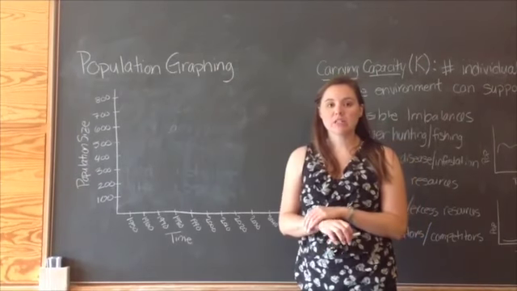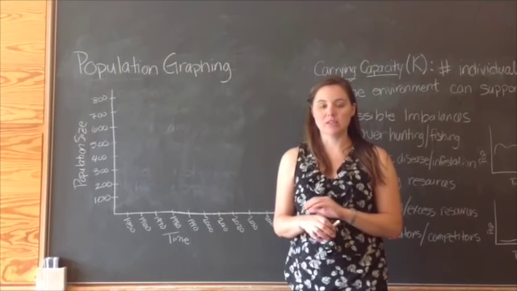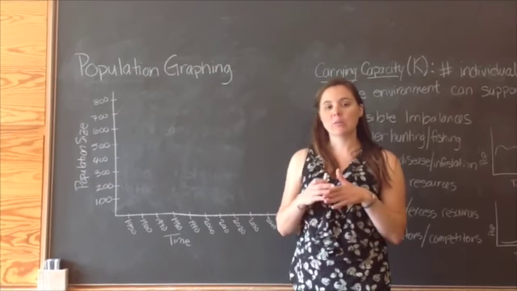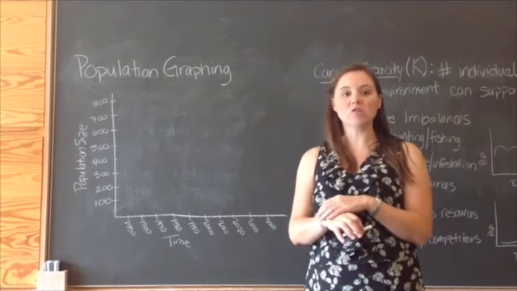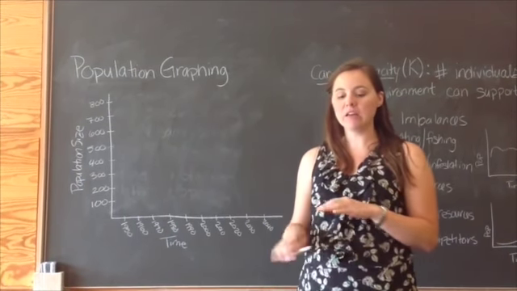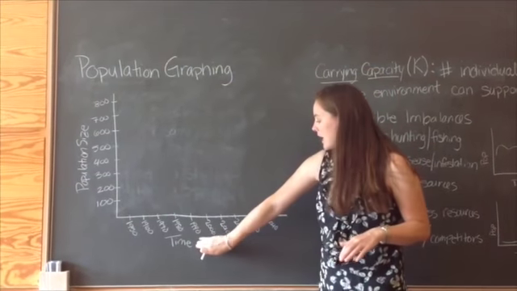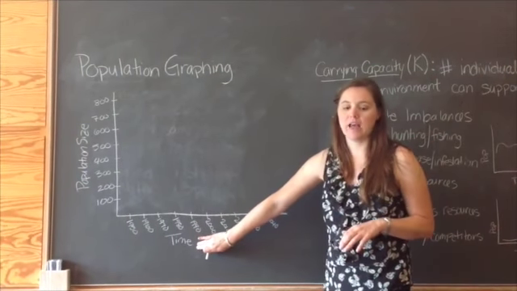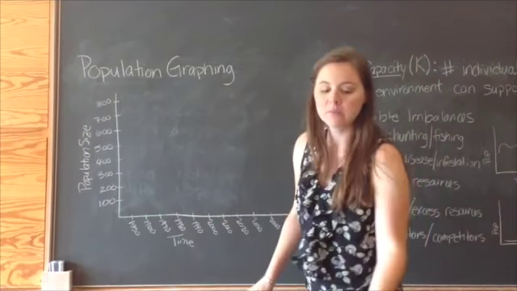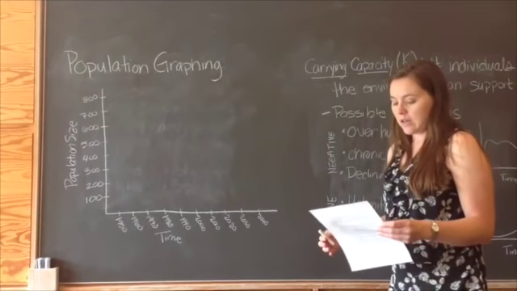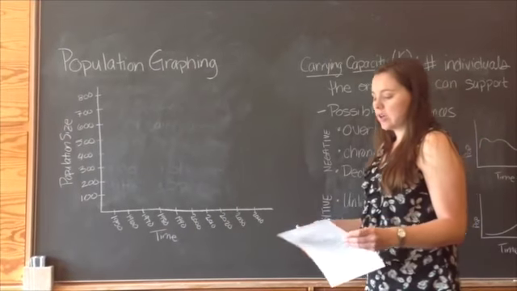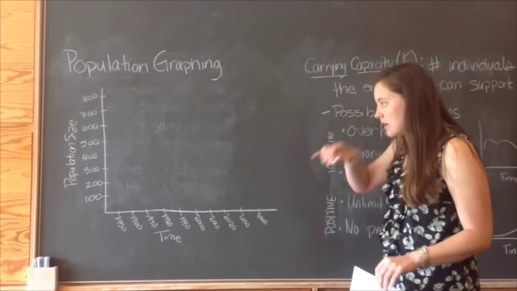All right, now we're going to talk about graphing our population size. And so we're talking about a change over time. So with any change over time, we're going to use a line graph. And we have to remember that time always goes on the x-axis for graphs. So the first thing we do is we plot our data, plot the population size according to the number of individuals at a given time.